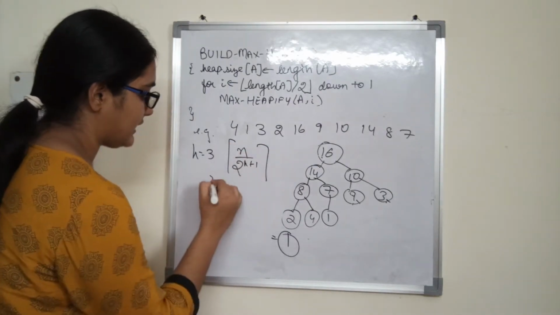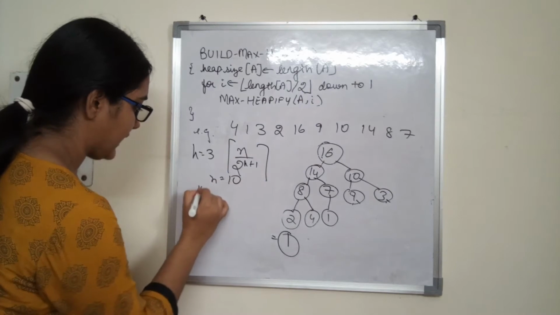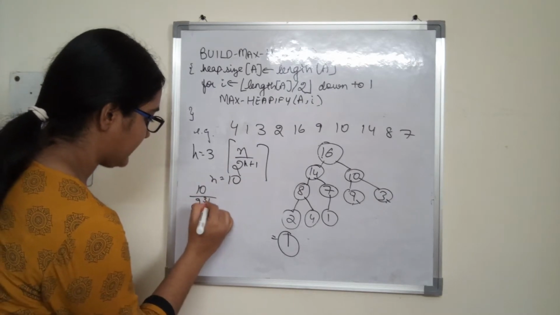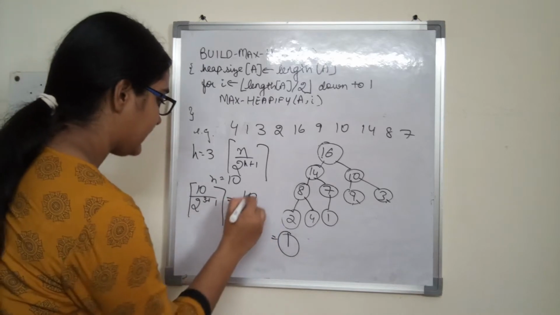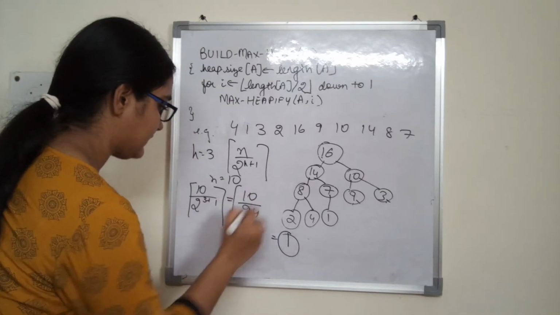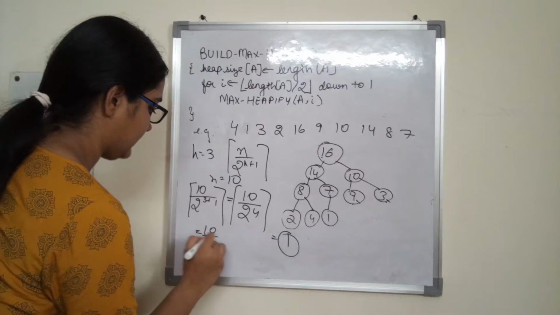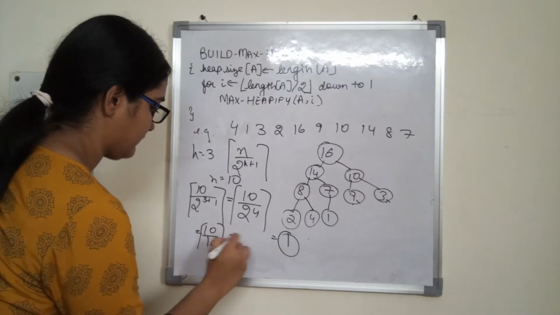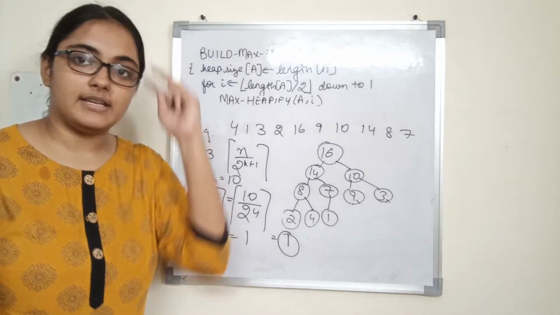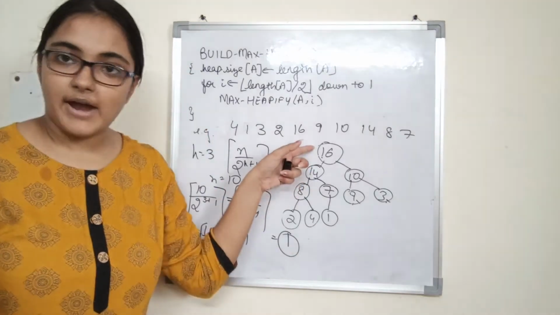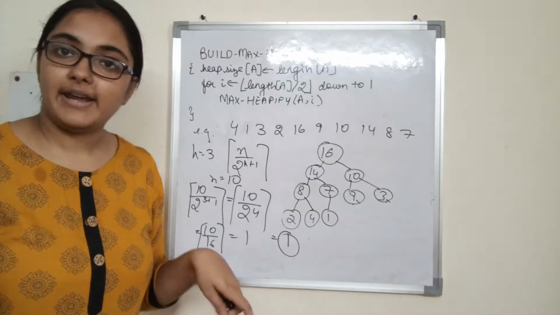How many nodes are there? n is equal to 10. So 10 by 2 power 3 plus 1 nodes will be at max of height 3. So 10 by 2 power 4, that is 10 by 16, that is 1. So at max 1 node will be of height 3. So there is 1 node of height 3, 1, 2, 3.